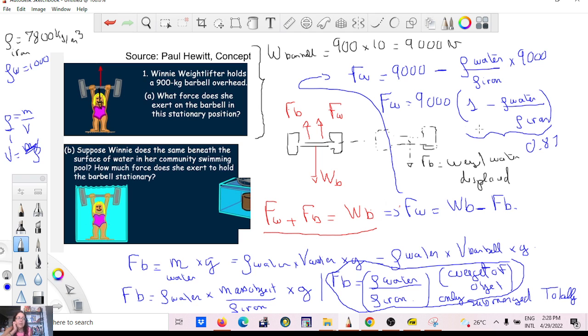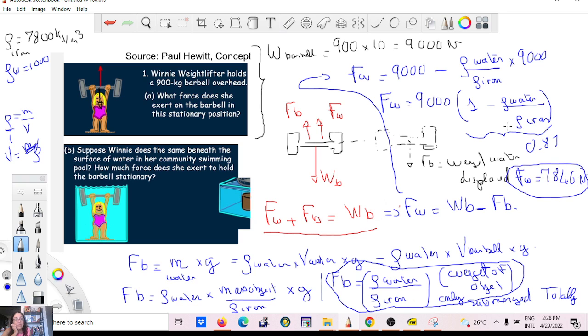0.87. Okay, so that means the force that she has to apply is 87%. So it's 13% less. Do you understand? So Winnie has to apply a force of 7,846 Newton.